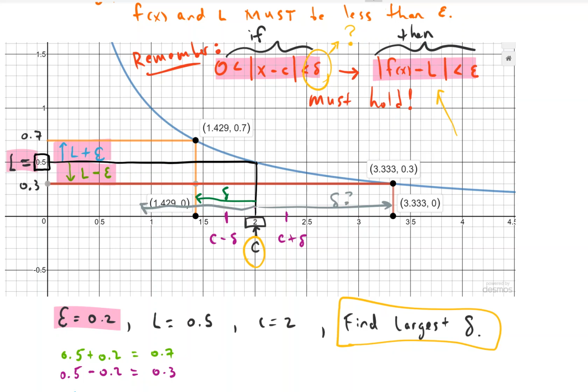Because if we took an x value out here, we shot it up to the function, came over to the y-axis, we would be above 0.7. And our inequality states that whatever x value we choose inside of these deltas on both sides of c, that x value has to be associated with the y value that's between 0.3 and 0.7.